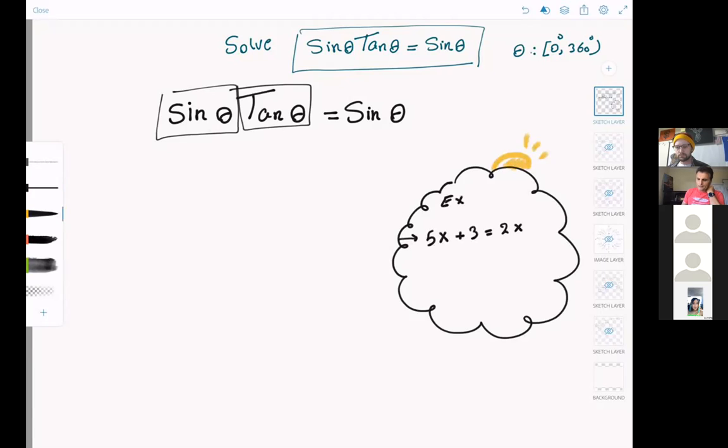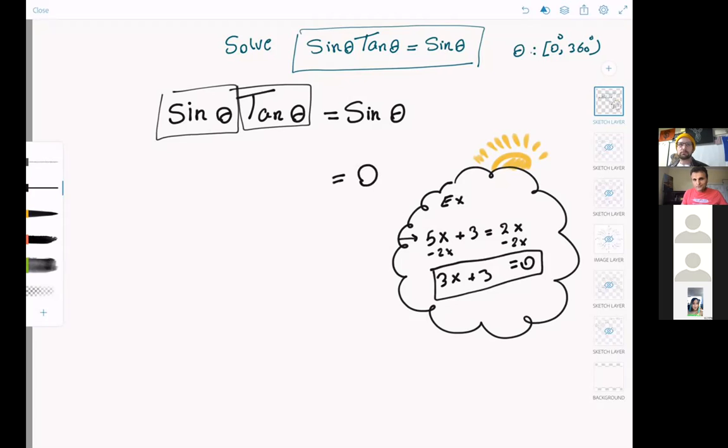In order to solve, we need to have 0 on the other side. As Karen said, negative 2x, negative 2x. It will be 3x plus 3 equals 0. Now at this point we can factor it, we can solve it. But the idea is one side should be 0.